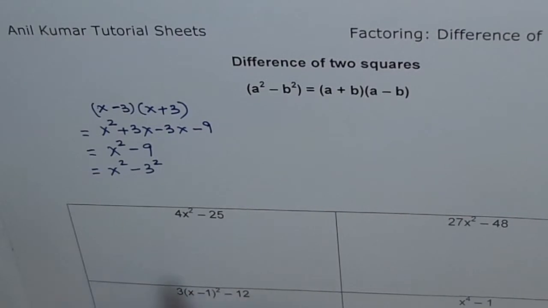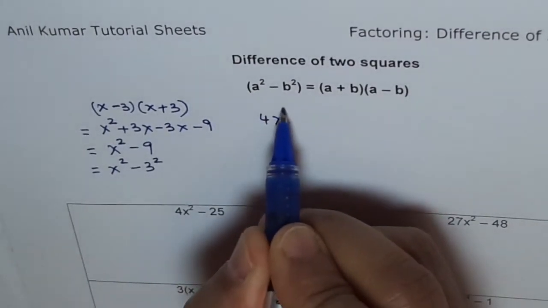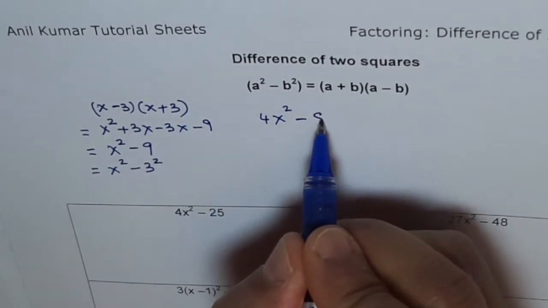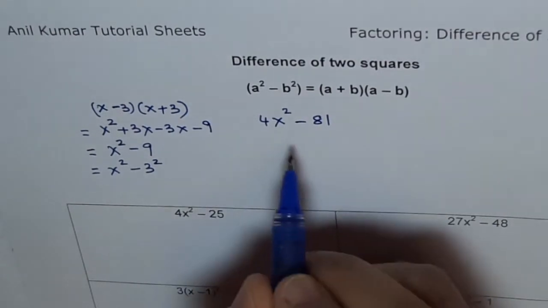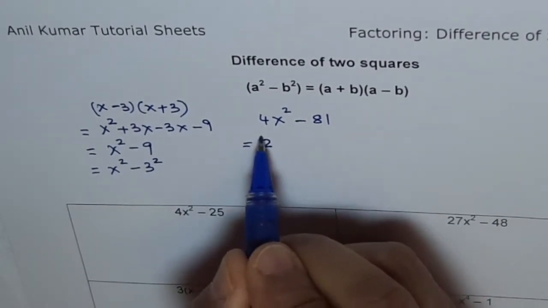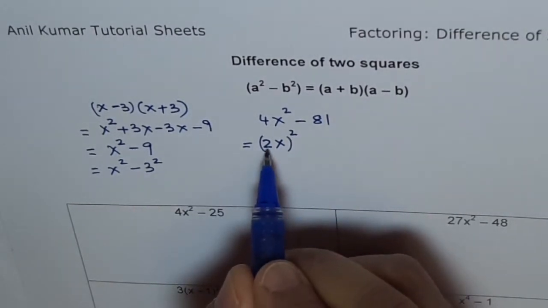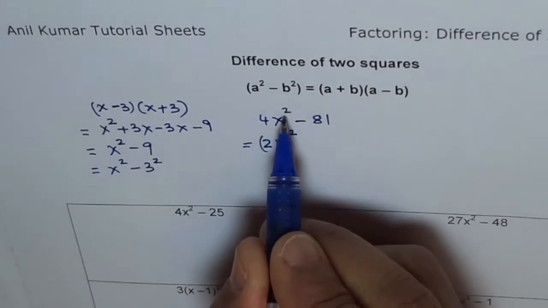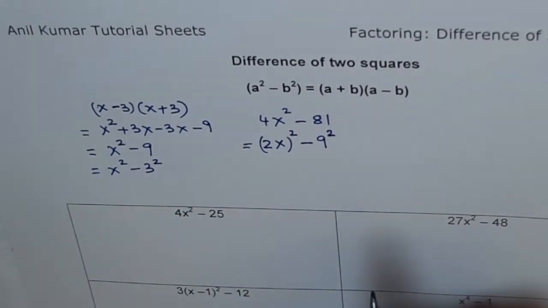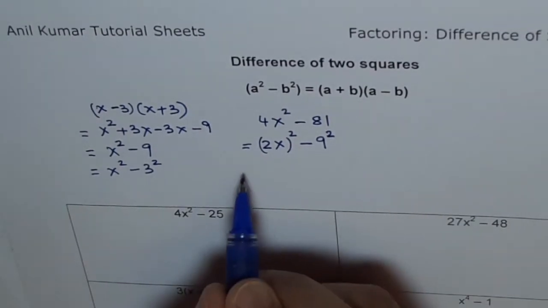Well, at times you may have, for example, 4x square minus, let's say, 81. Now you can write this as 2x whole square, correct? So 2x whole square will give you 4x square minus 9 square, correct? Again, it becomes difference of squares, and you can factor this.